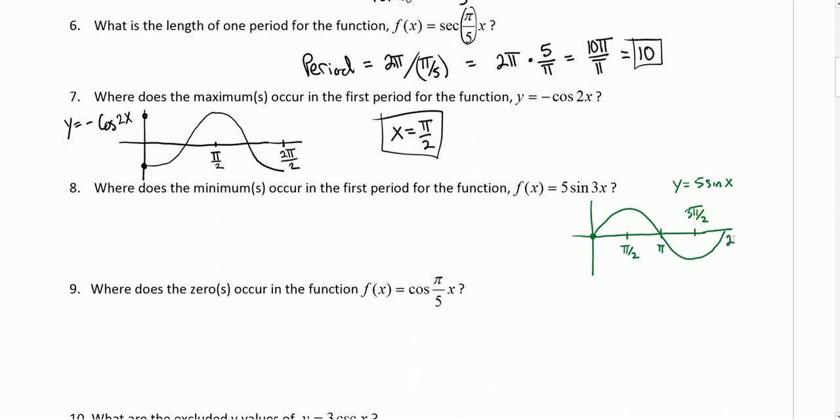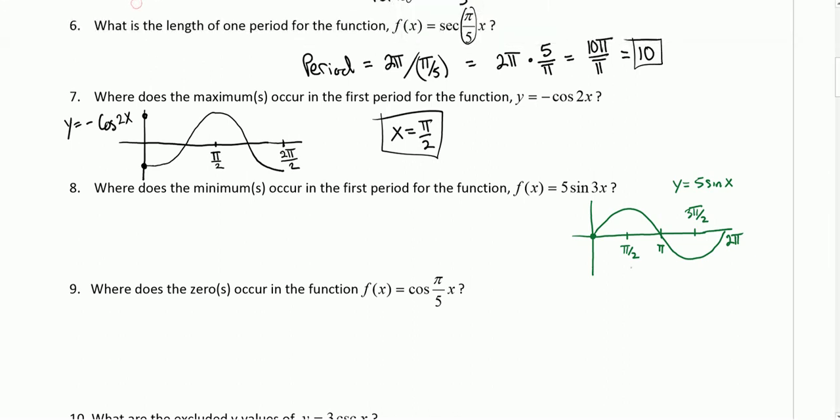That is just y equals 5 sine of x, but we want 5 sine of 3x. So that's going to change the period of the function. What we end up doing is dividing all of these by 3, or multiplying them by 1/3.